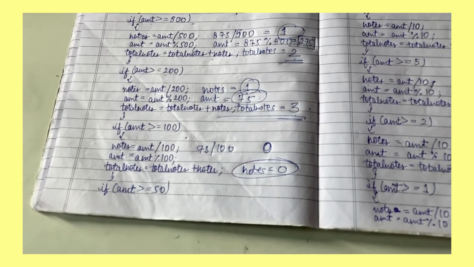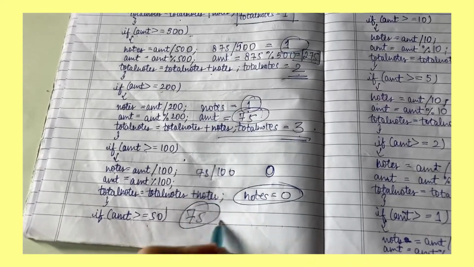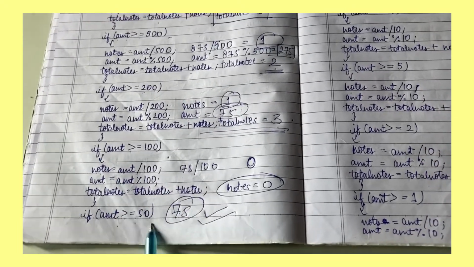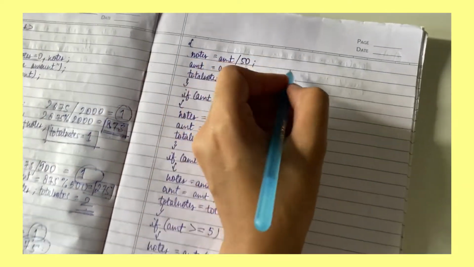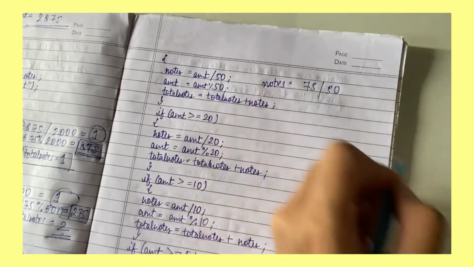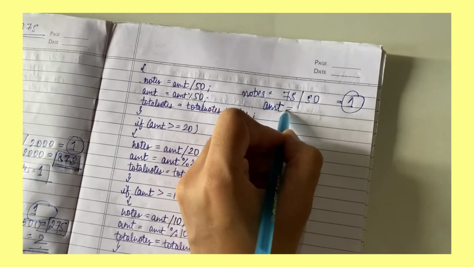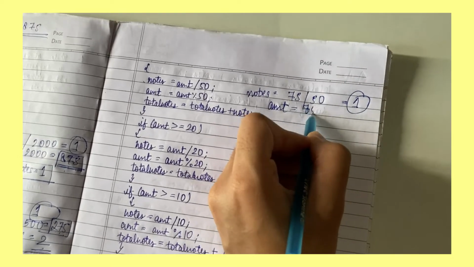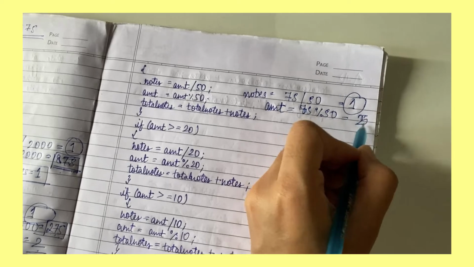Then again we will check: amount is 75, so this condition is true, the amount is greater than or equal to 50. So the notes will be 75 by 50, that is again 1, and the remaining amount will be 75 modulus 50, that will be 25.